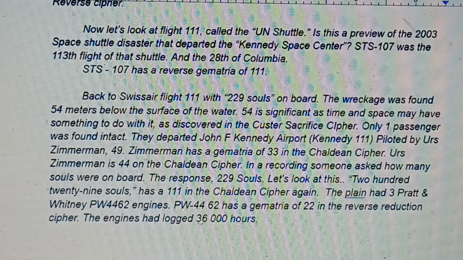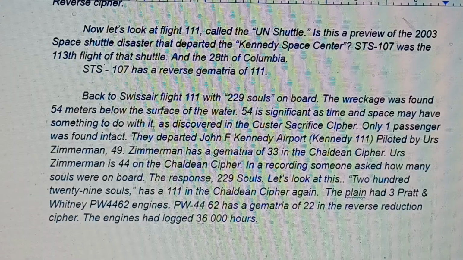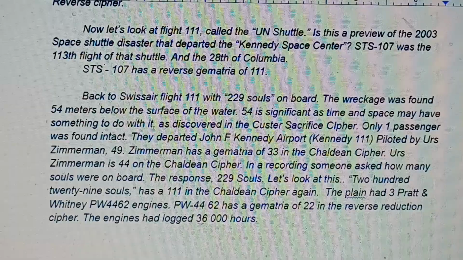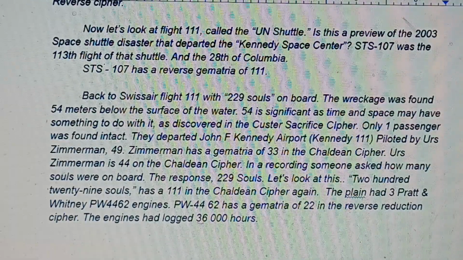They departed John F. Kennedy, again Kennedy with the 111 gematria, piloted by Urs Zimmerman, 49 years old. Zimmerman has a gematria of 33 in the Chaldean cipher. Urs Zimmerman, the combined names, is 44 in the same Chaldean cipher. 33, 44.